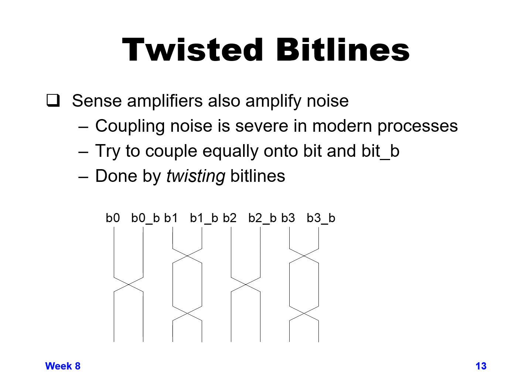And so if you look at the way that bit 0 and bit 1 couple onto each other, they kind of mirror each other to a certain extent, and so you get the same amount of coupling onto bit 0 and bit 0 bar from bit 1 and bit 1 bar, and the same thing from bit 1 to bit 2, bit 2 to bit 3.